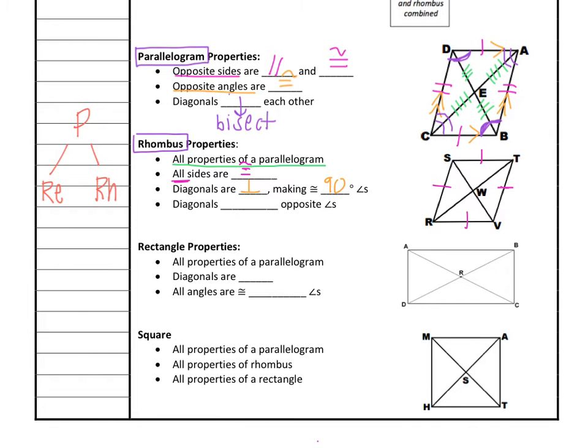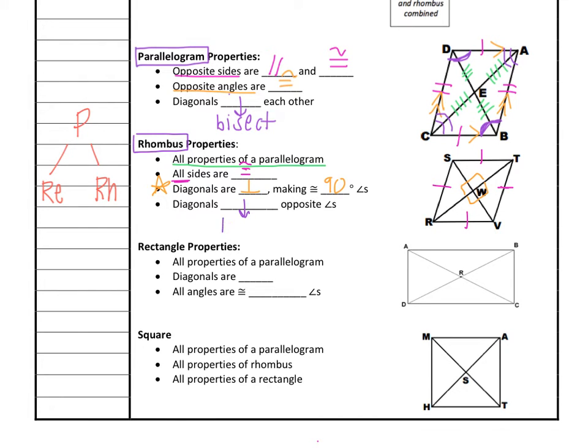So where the diagonals meet, in this case W, you would get a right angle there, and you'd get right angles going all the way around. Okay? That's a very special characteristic that the Regents loves to ask, so I would almost put a star by that one.